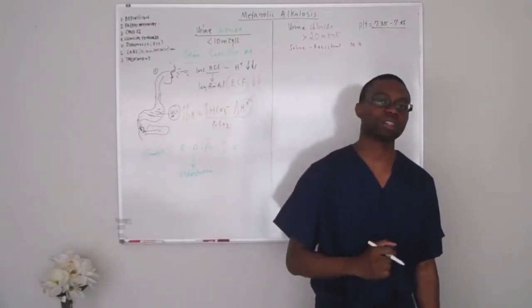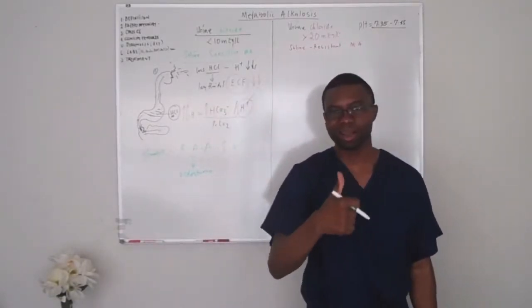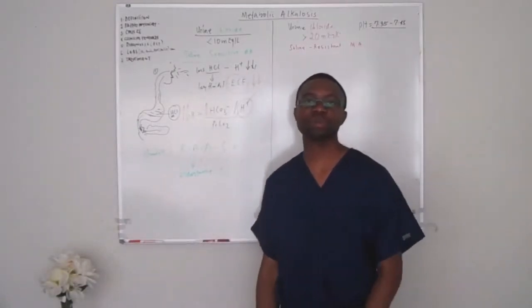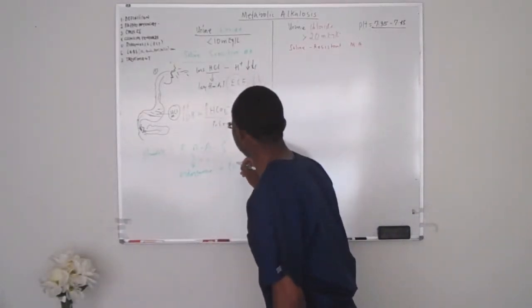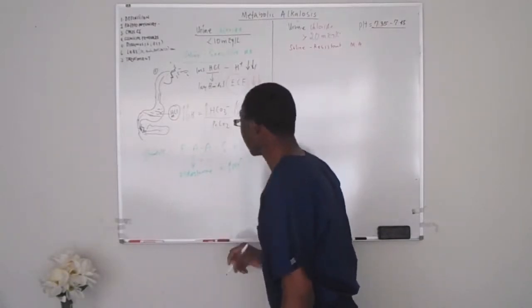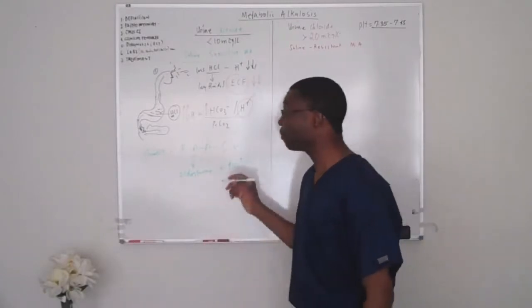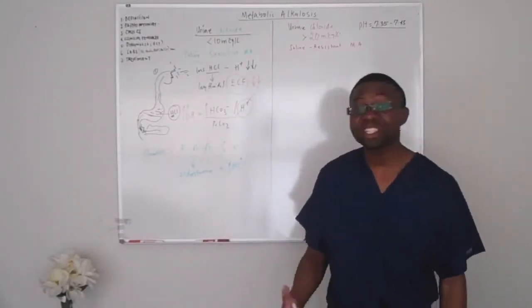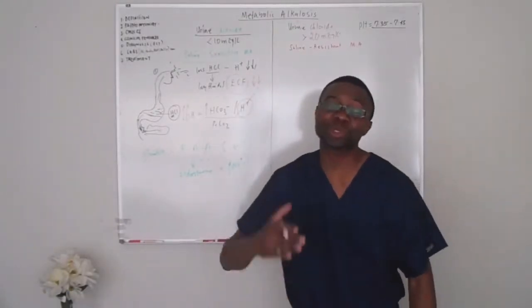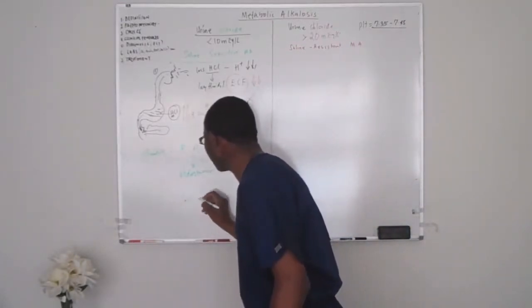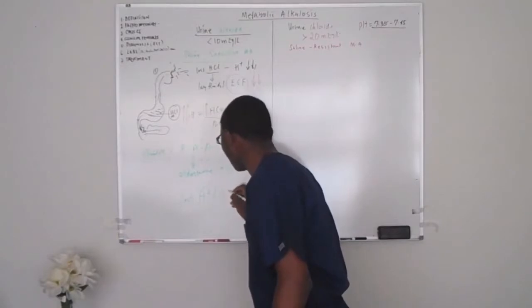And you guys know what aldosterone is going to do, right? Aldosterone is going to go into the distal convoluted tubule. It's going to increase sodium reabsorption back into the body. But the problem is it doesn't care about the potassium, so you're going to be losing potassium and hydrogen ions.